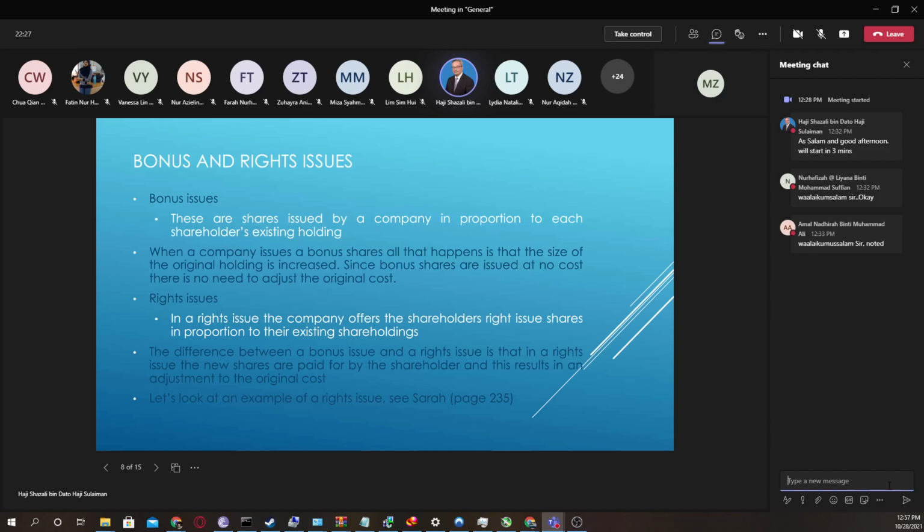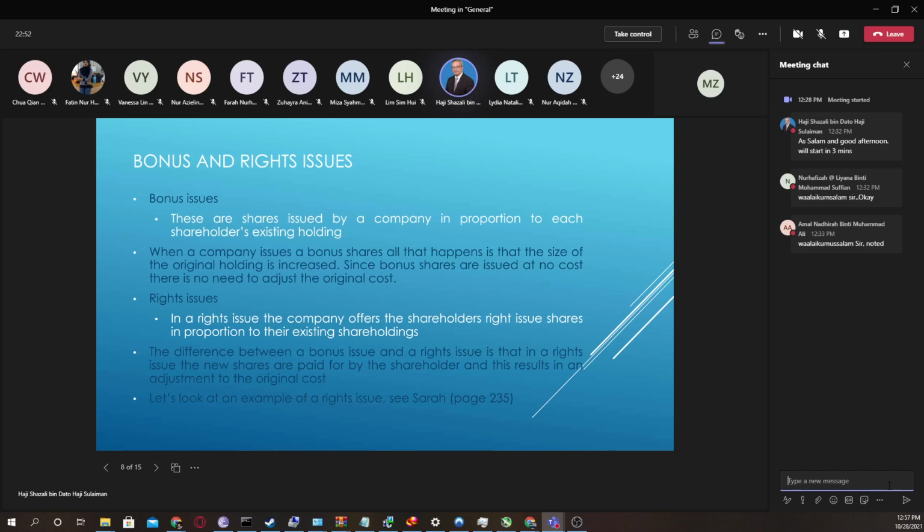Now let's assume that the company did a bonus issue in the same proportion. So instead of a rights issue, the company has given a bonus of 1 share for every 2 shares that you hold. What would happen in the share pool is that on the line where it says rights issue of 5,000 shares, the cost will be 0.